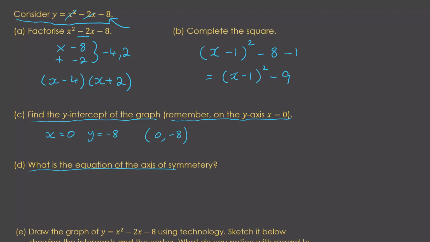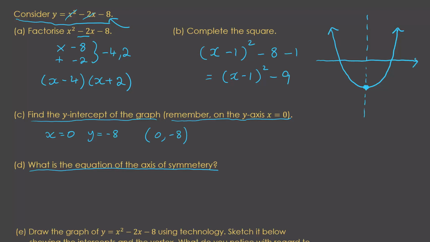What is the equation of the axis of symmetry? Well, one thing that you should know about quadratics is that they are symmetrical. And we would have a line of symmetry coming down here, straight through the vertex. There's a couple of ways that we could go about finding the axis of symmetry here.